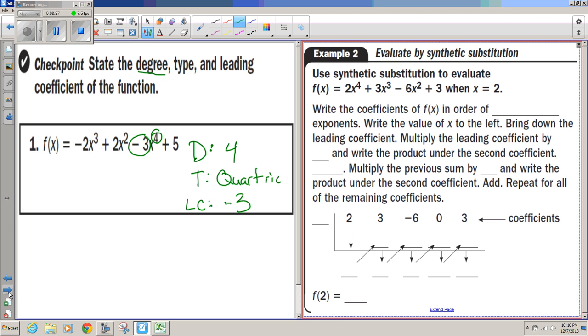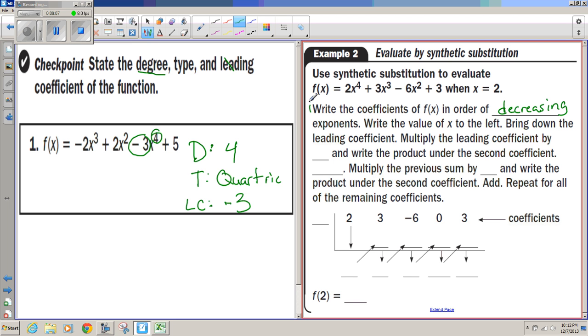Let's look at what synthetic substitution is. The first thing you're going to do is write the coefficients of x in order of decreasing exponents. You're then going to write the value of x to the left and bring down the leading coefficient.